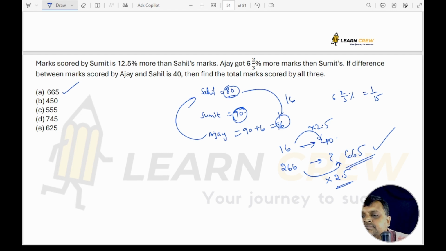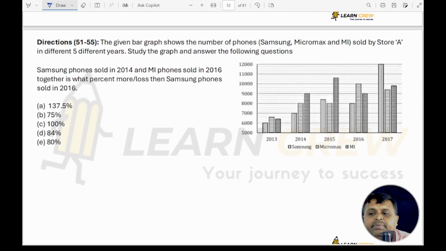Option A. Next question, based on the bar graph. So what is given here? The given bar graph shows the number of phones sold by store A in 5 different years: 13, 14, 15, 16, 17.